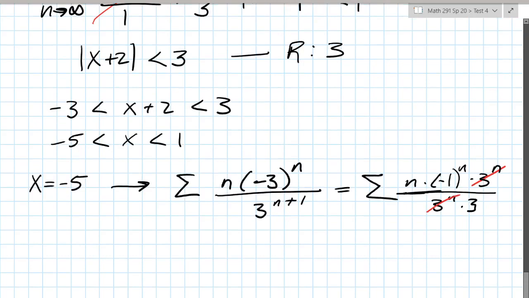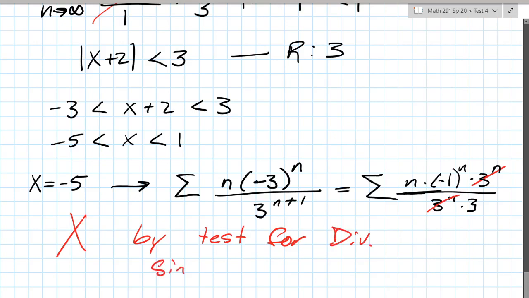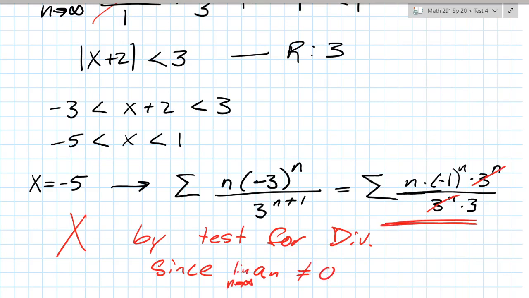So this diverges by the test for divergence, since we'll call that a sub n, the limit is not 0. This limit needs to go to 0. Alright, so it's no good there.